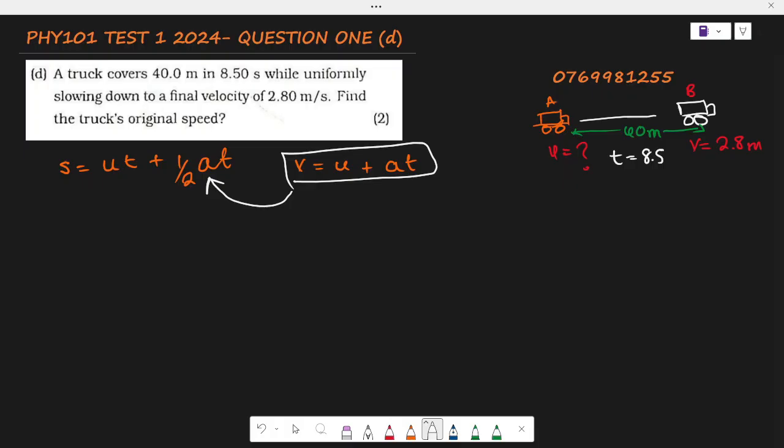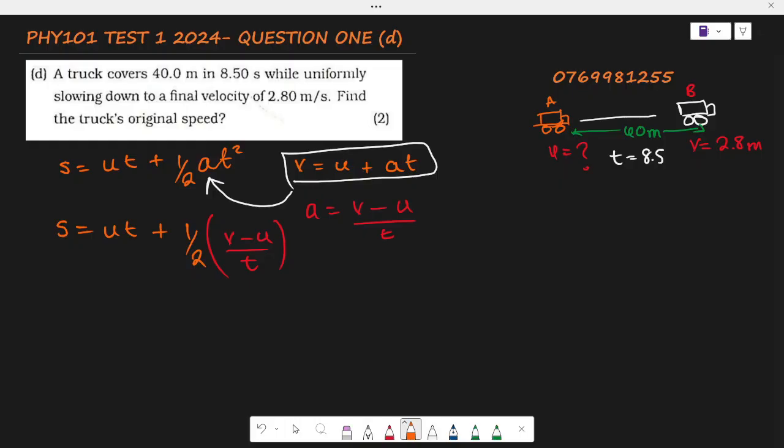So let's quickly do that. If we do that, we find that we will have our acceleration a to be equal to the final velocity minus the initial velocity over time. So now replacing that in our first equation, what we're getting is v minus u over t.